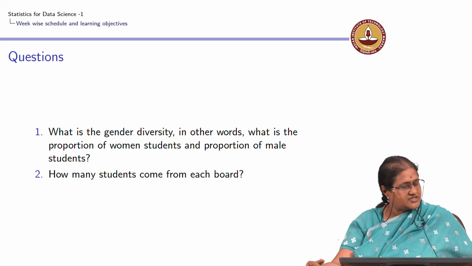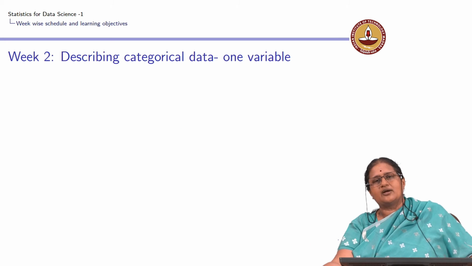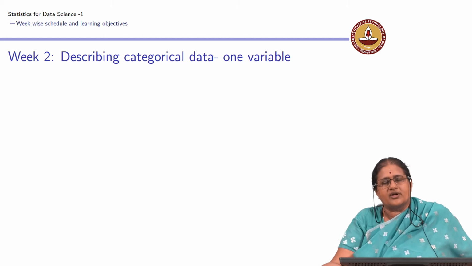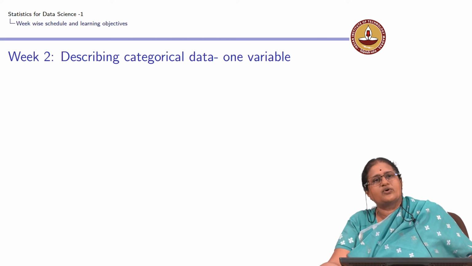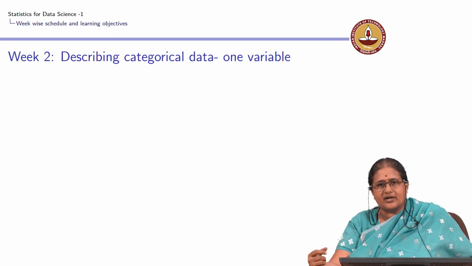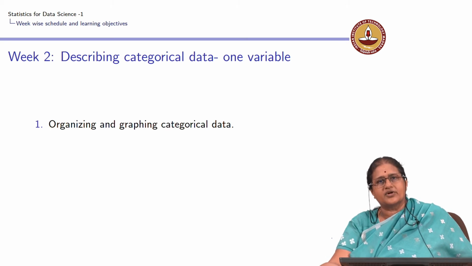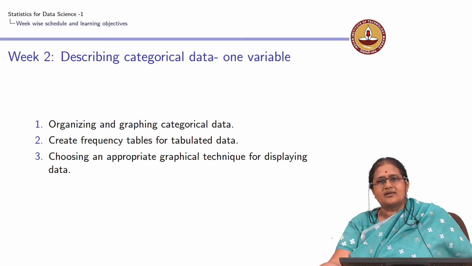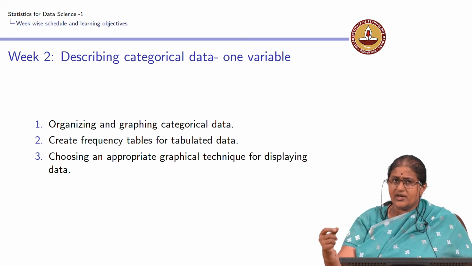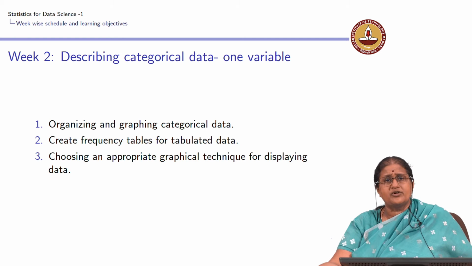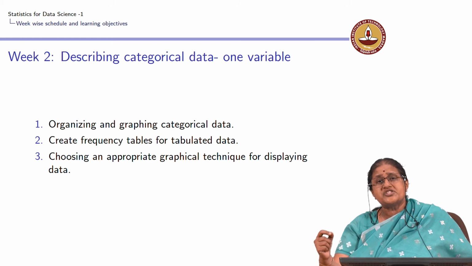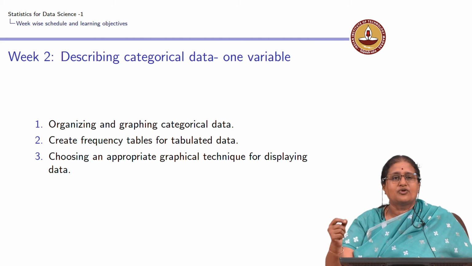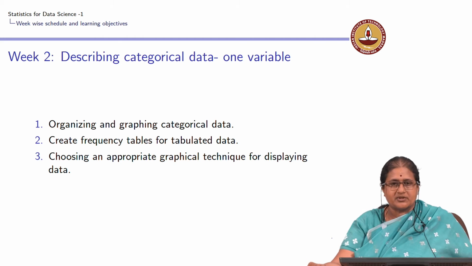In the second week, we are going to spend time understanding what categorical data is, what questions we want to find out from categorical data, and what kind of answers we seek. During this time we are going to focus on how we organize and graph categorical data by creating frequency tables. The most important thing is that, though there are graphical techniques available to us, we are going to focus on which is the appropriate graphical technique to answer a particular question.